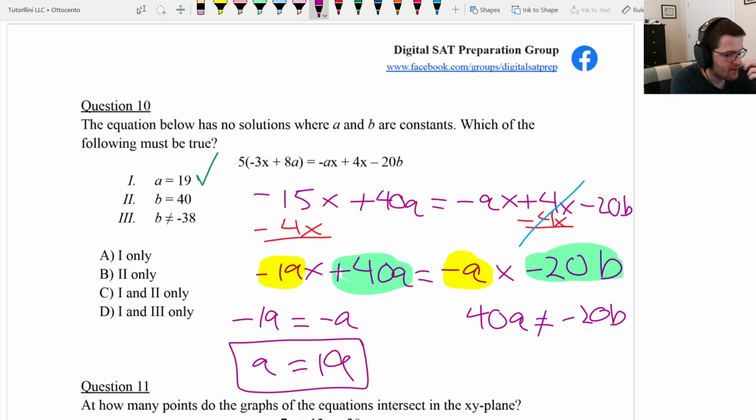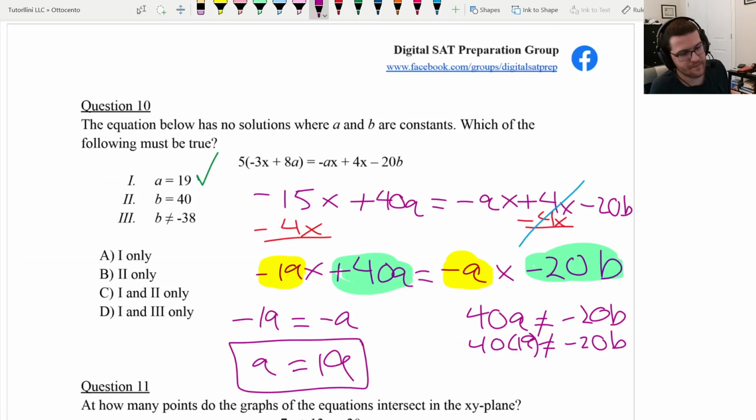Okay, now we're going to plug in the 19. So that gives us 40 times 19 is not equal to negative 20b. And 40 times 19 is 760, I think. Let me see. I'm just going to do this all on a calculator. 40 times 19 is 760.